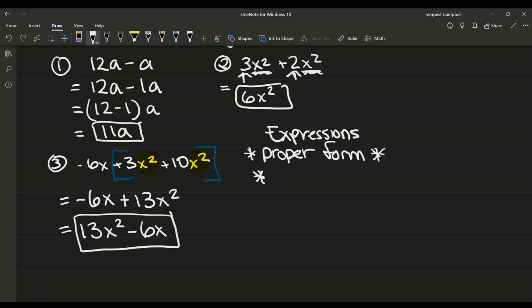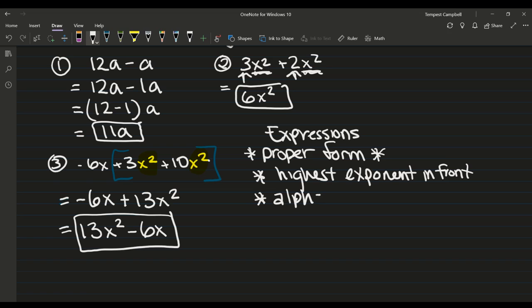You're going to have highest exponent in front. But before you do that, you're going to want to have it in alphabetical order.